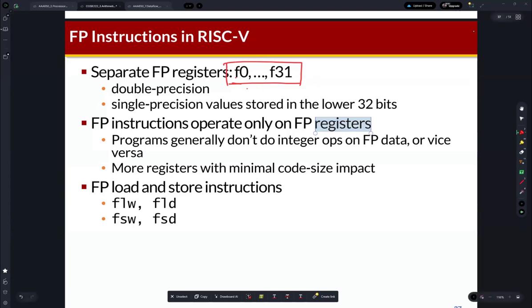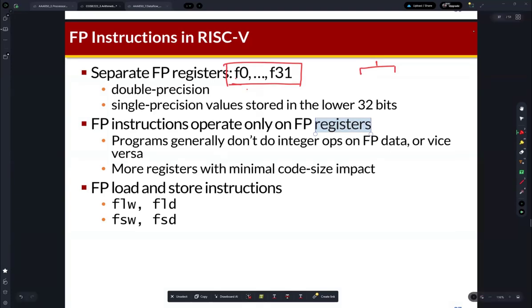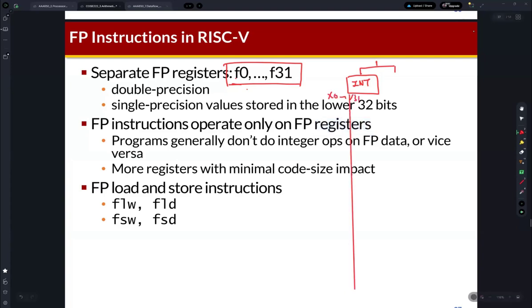So if our CPU supports integer and floating point numbers, our CPU includes the integer registers, like X0 to X31 for RISC-V, and then also the registers for floating point numbers from F0 to F31.